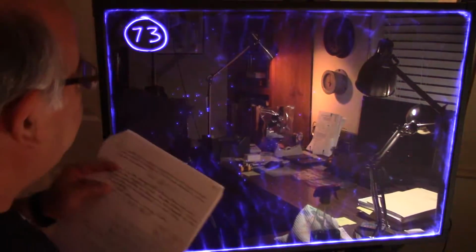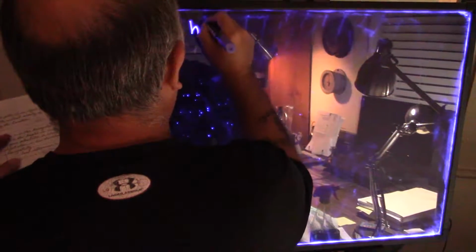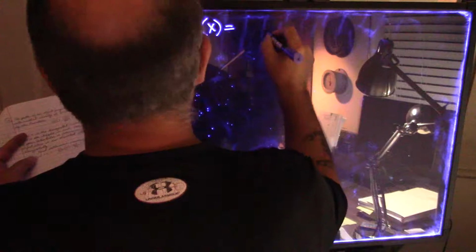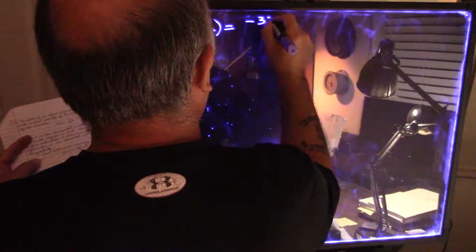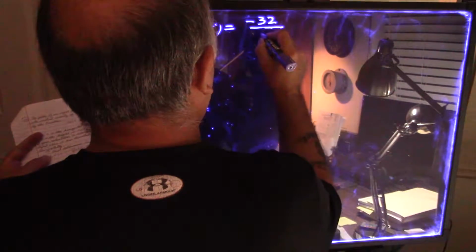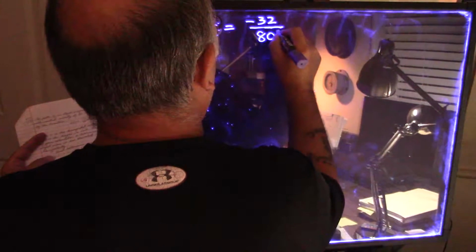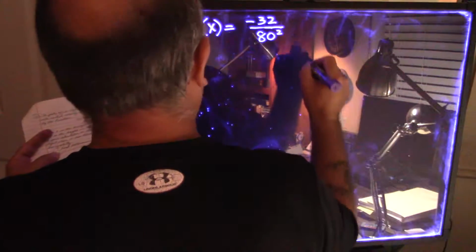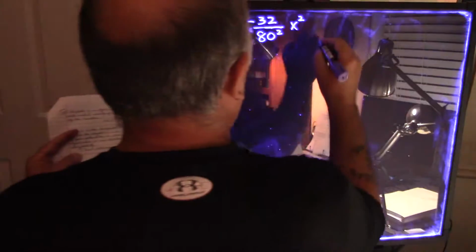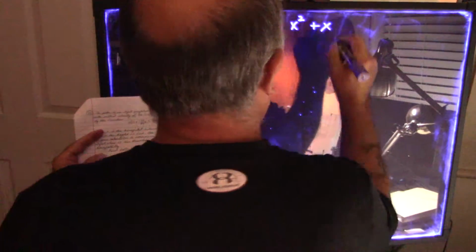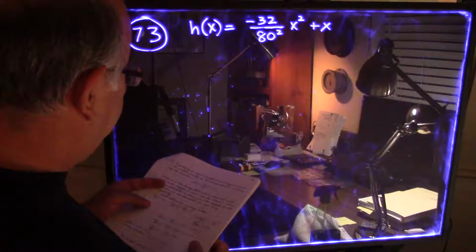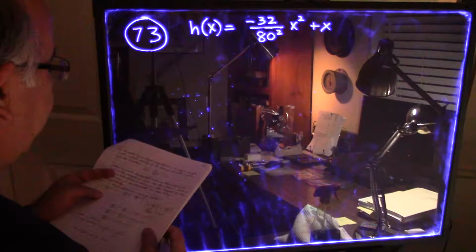Let's see, we've got h of x is equal to negative 32 over 80 squared x squared plus x, where x is a horizontal distance traveled and h of x is the height in feet.